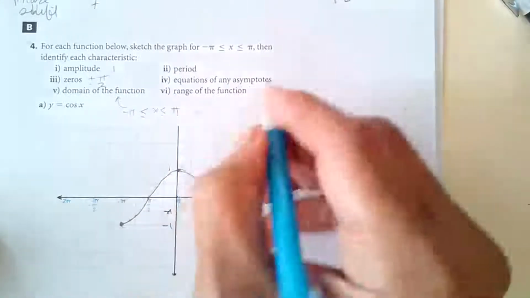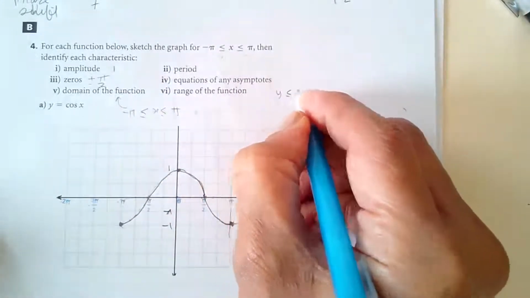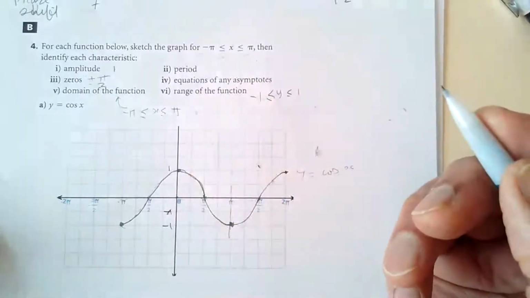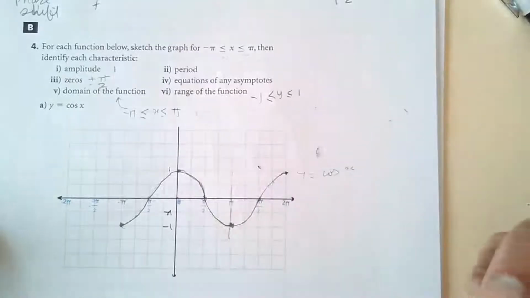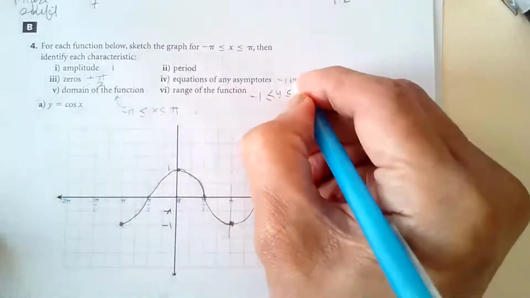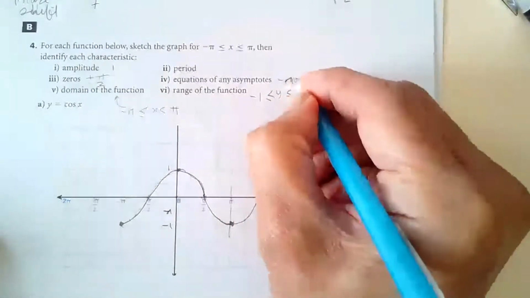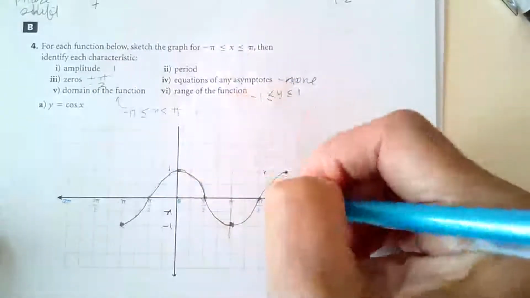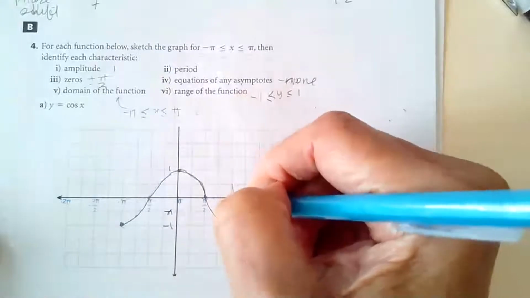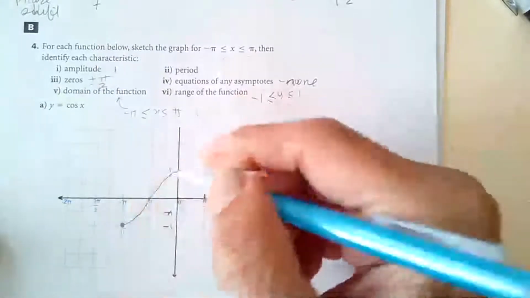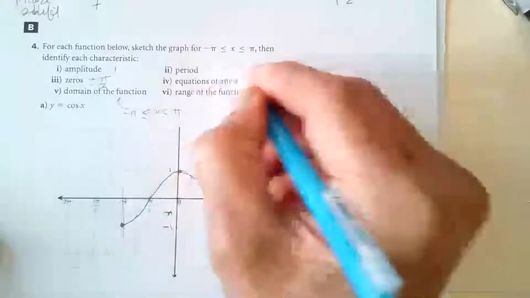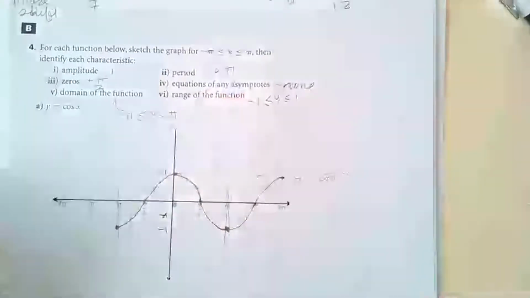The range is from 1 to negative 1. There's no asymptote, so none. The period is 2 pi, because from here to here is pi, and then you have another pi here, so it's 2 pi.